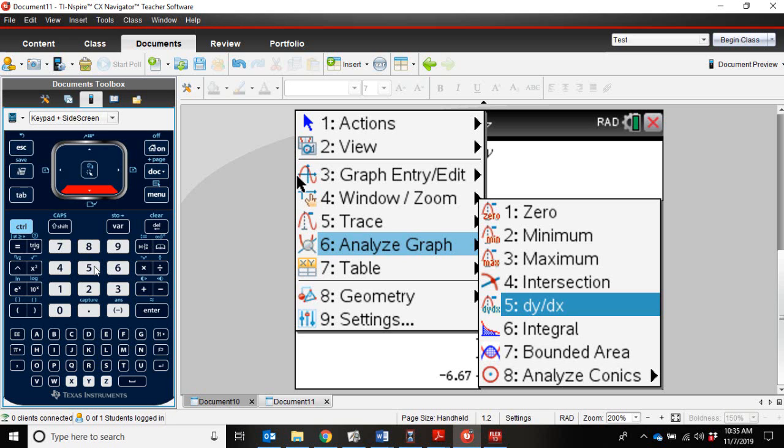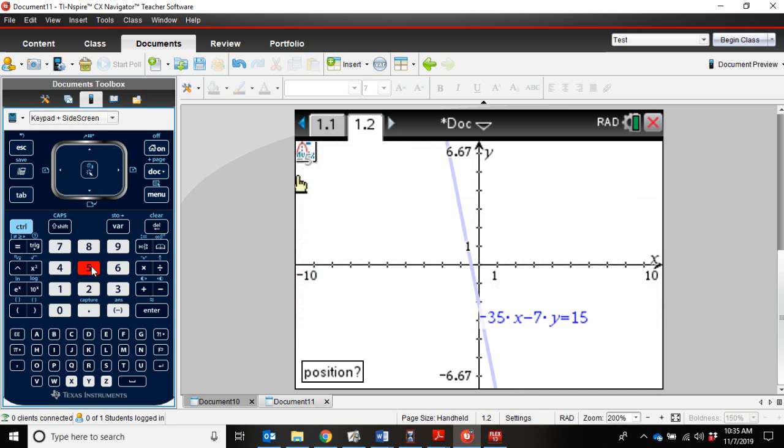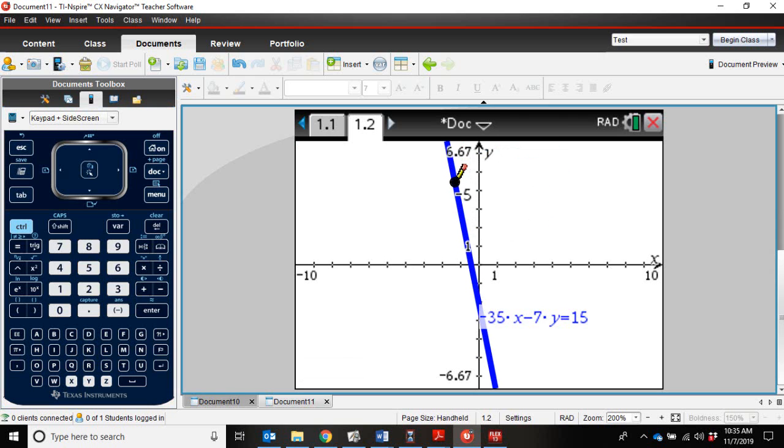So menu, 6, 5. And then you need to use the keypad and just scroll over to put your slope on the line. If I don't press anything and I'm just sliding over it, then it goes wherever I want. But if I press enter, then it puts it on the line. And that is my slope, which we know because we already found it on letter D.